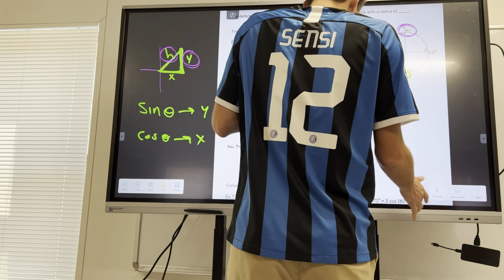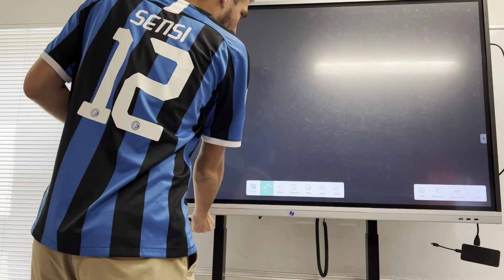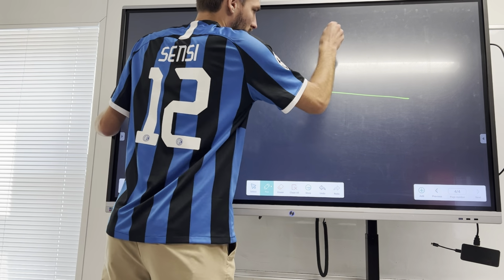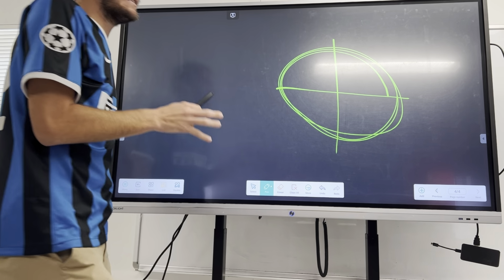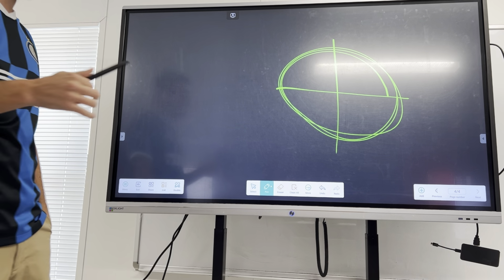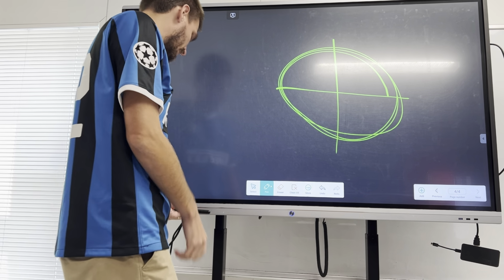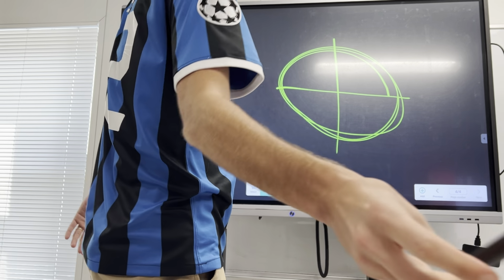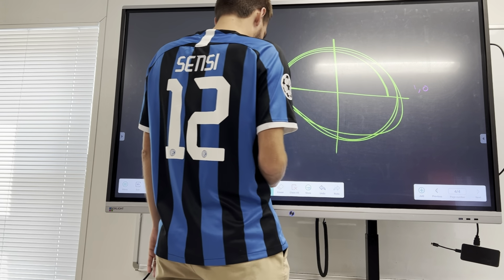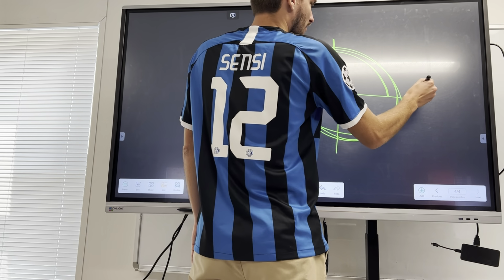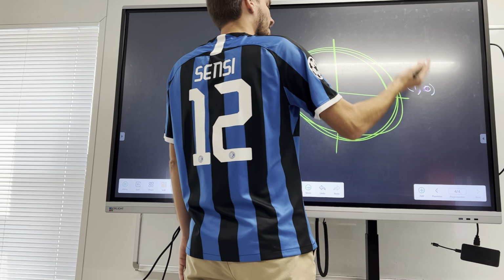Here's what I want to think about. Like we said, we got our nice circle, and this is called the unit circle. It has a radius of 1. So every time, we will call this 1, 0, because it's to the right 1, up and down 0.